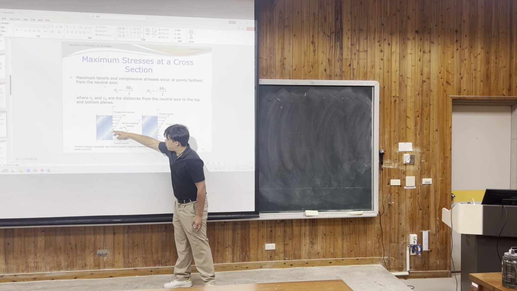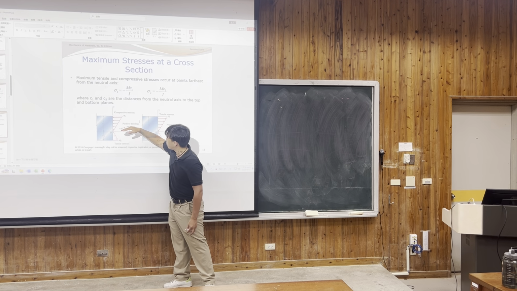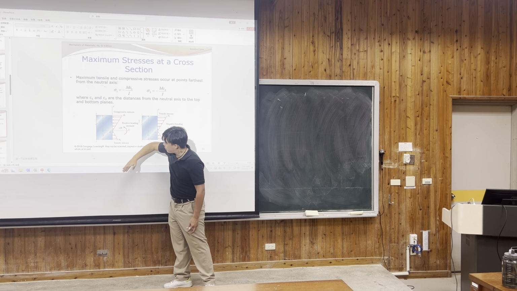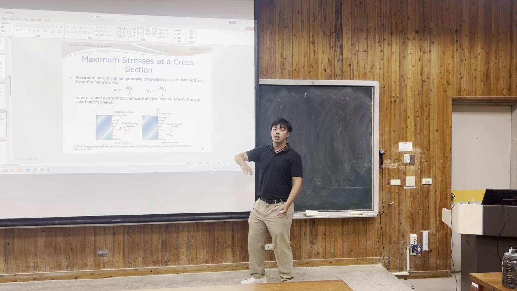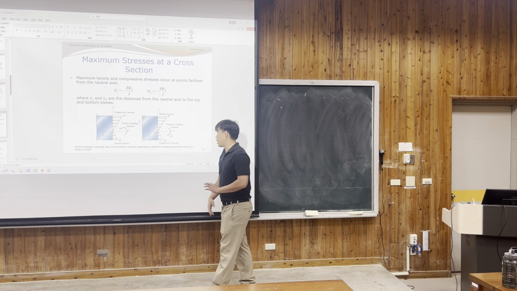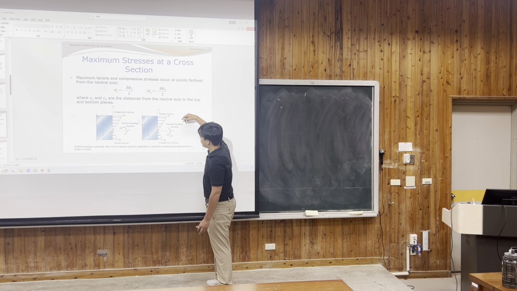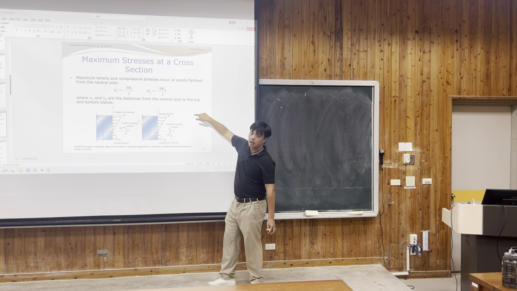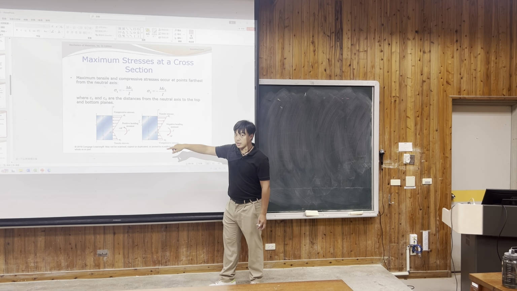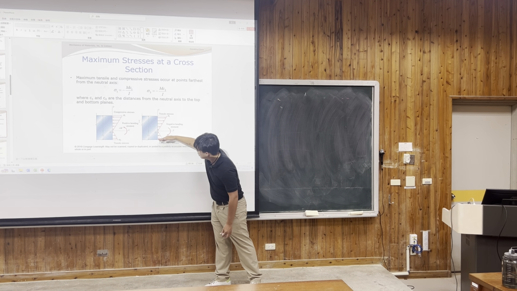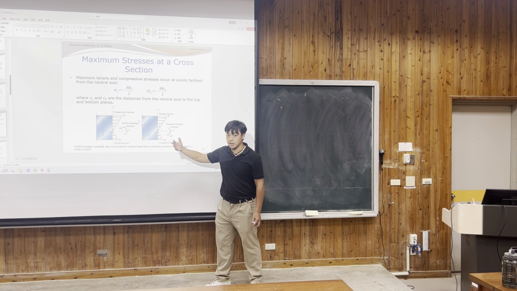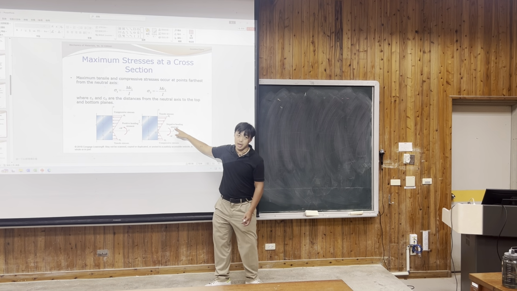So in this positive bending moment situation, the upper part of the neutral axis will be the compressive stress. The lower part will be the tensile stress. In the other way, the negative bending moment is clockwise, right? So this part of the beam will be compressive, and this part will be tensile stress.